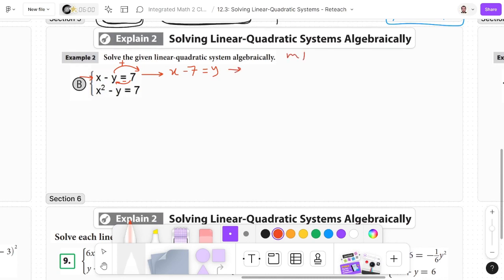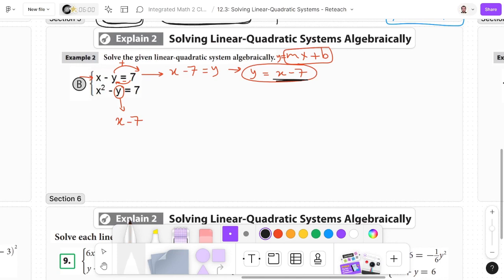Put it in the linear form, mx plus b, so y equal to x minus 7. So this is y. Now, y is equal to what? x minus 7. So we need to change this y and write it as x minus 7.